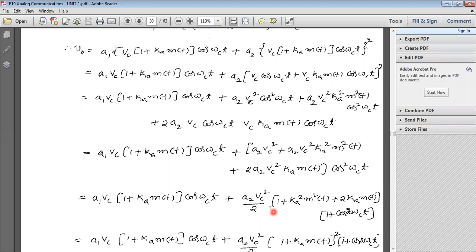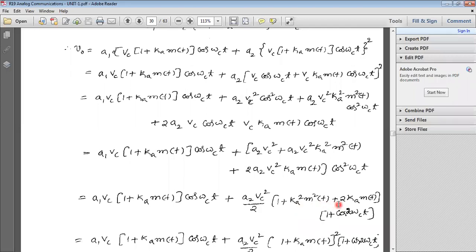Now in the next step, write A2 Vc square by 2. If you take common A2 Vc square from these three terms, we have A2 Vc square by 2. When we take common A2 Vc square, the first term is 1. What is the second term? Ka square m square t.